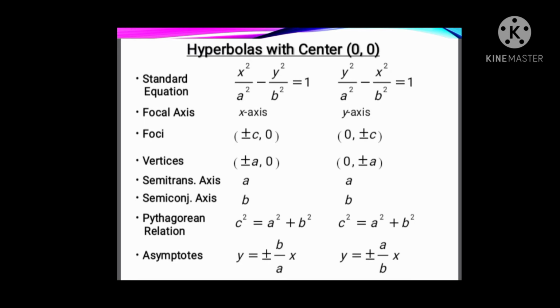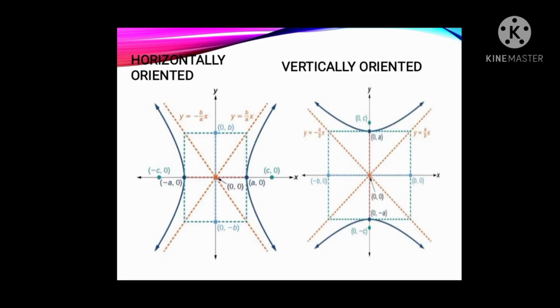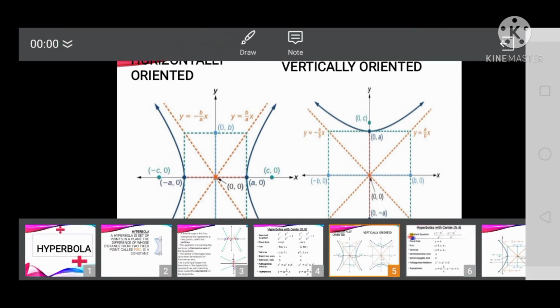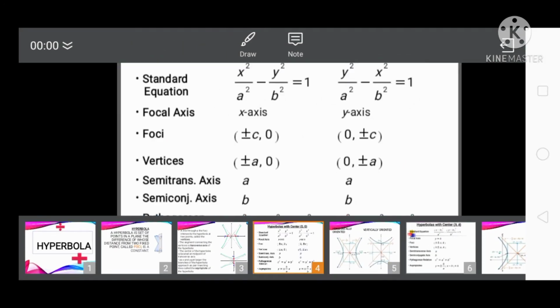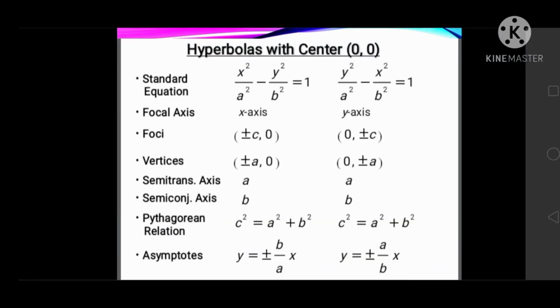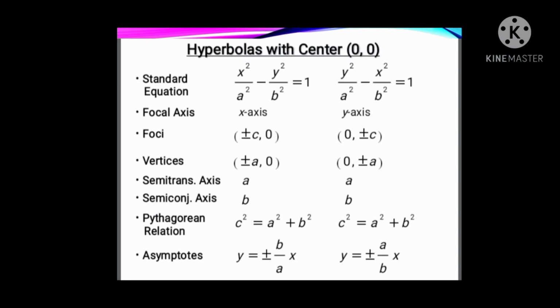The semi-conjugate axis is b, for both the x-axis and y-axis. Its conjugate axis is 2b, for both the x-axis and y-axis.